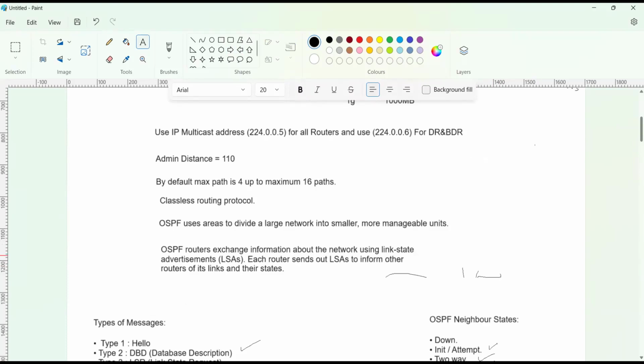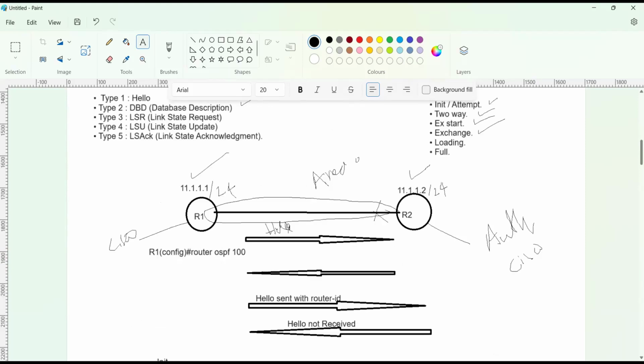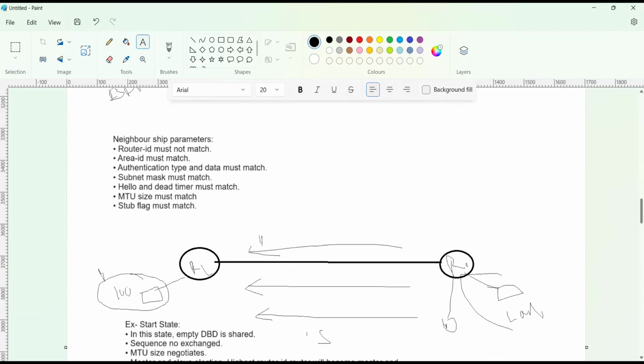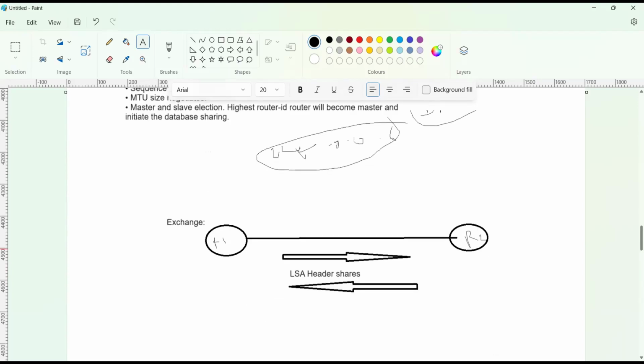In OSPF, routers exchange information about the network using link state advertisements. Each router sends out LSAs to inform other routers of links and their states. The entire routing information and advertisements, the prefixes, everything will be exchanged in this exchange state.